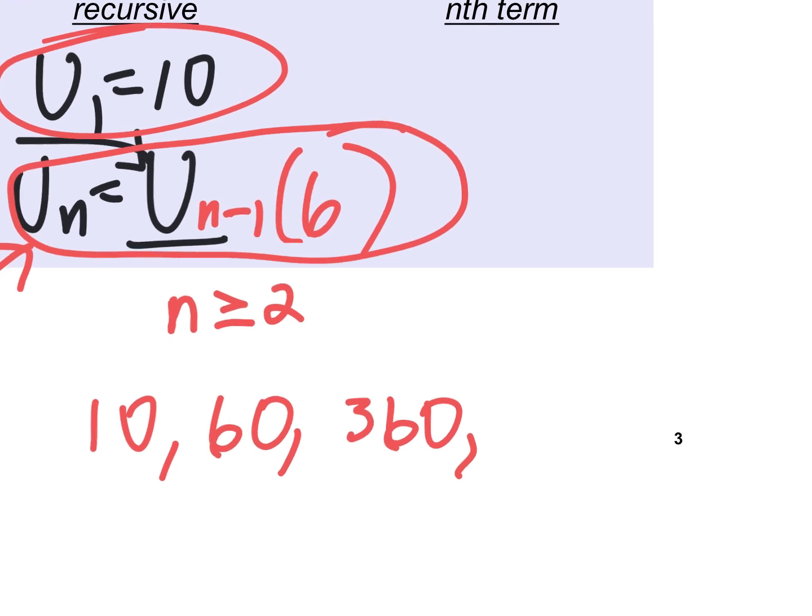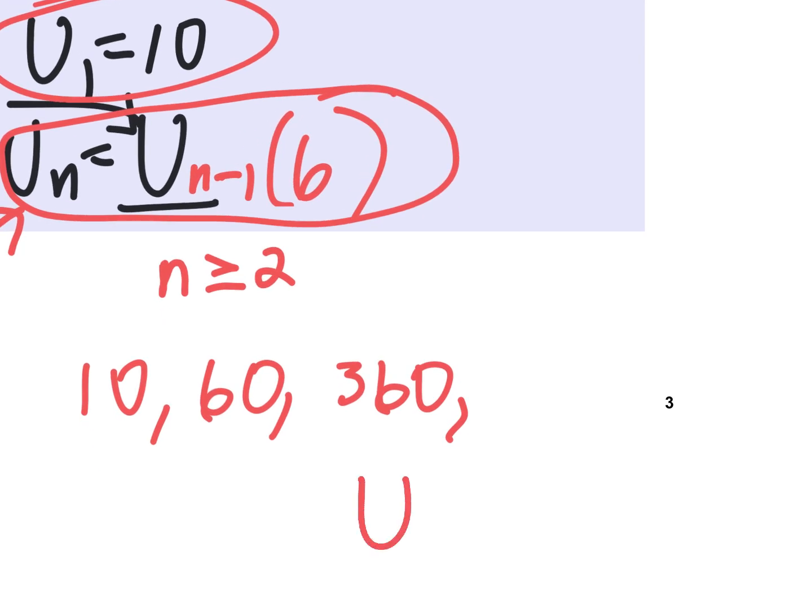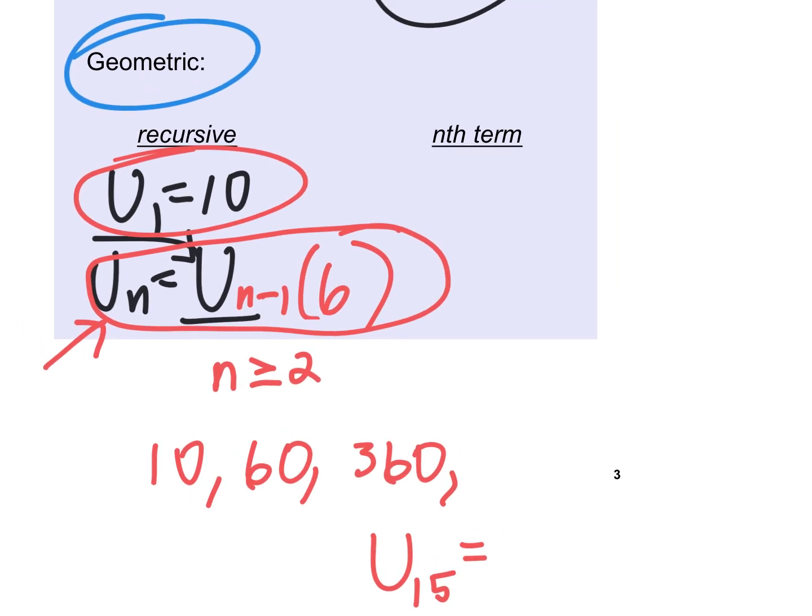If you want to find the, let's say, 15th term, there's a formula for this. You got to know first, is it geometric or arithmetic? And it was geometric. And then you got to know, is this the kind where you just want to find a term, or is this the kind where you want to add them all up? This is just find a term. Adding them all up would be called a series.